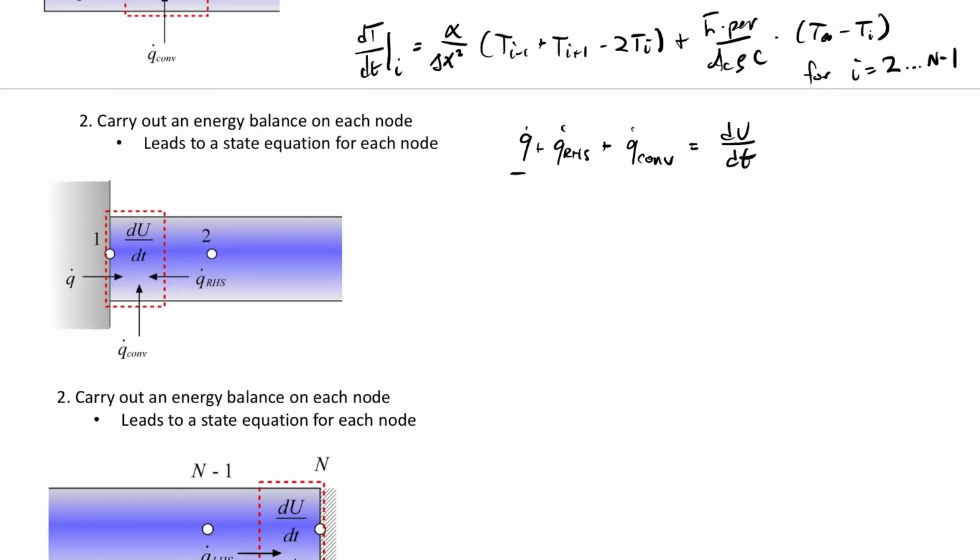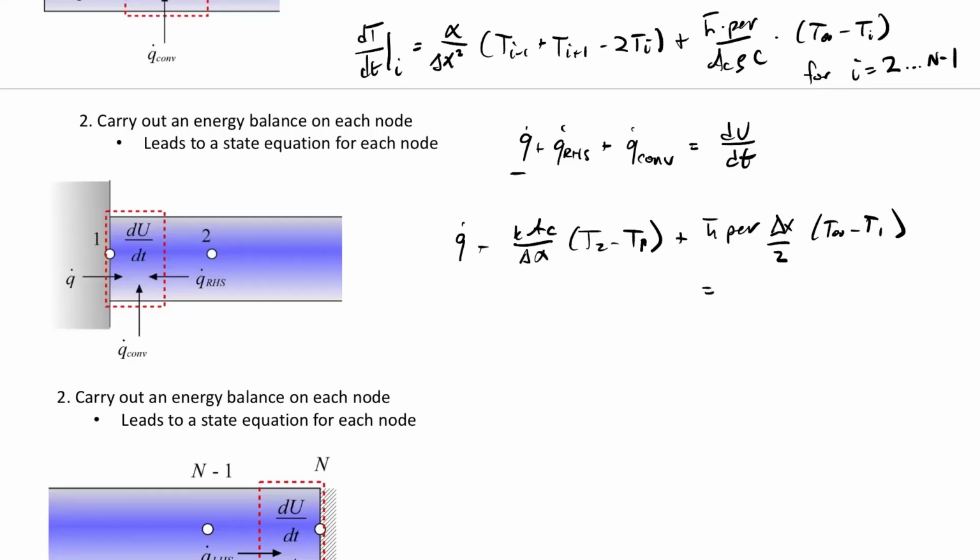If we write out the energy balance, we end up with this constant Q dot from the left, plus k Ac over delta X times (T2 minus T1), that's from the right-hand side. And then due to convection, we have h bar perimeter times delta X over 2, because our exposed area is only half of the normal node width, times (T infinity minus T1).